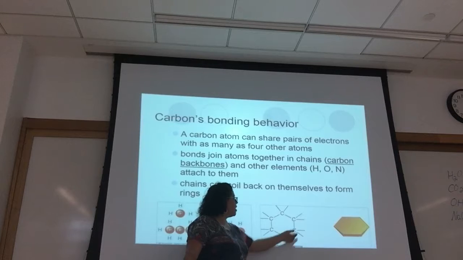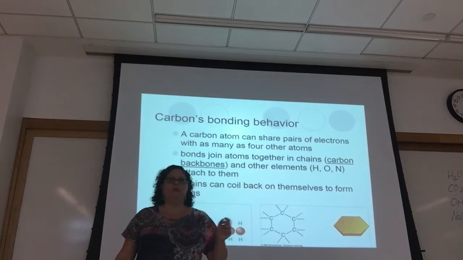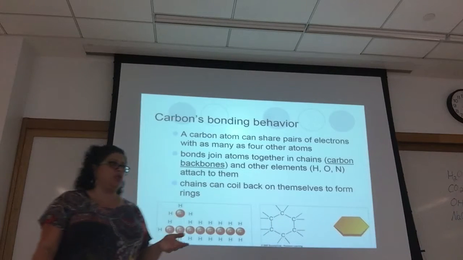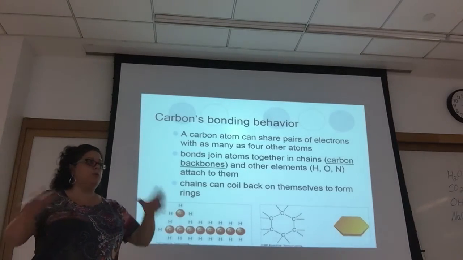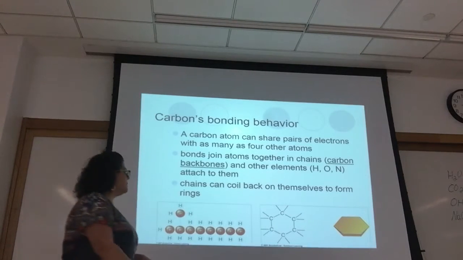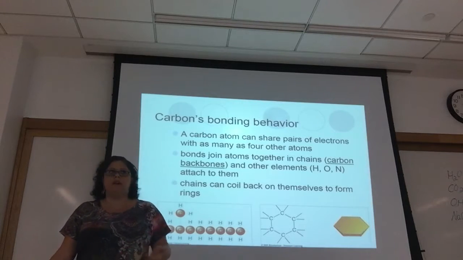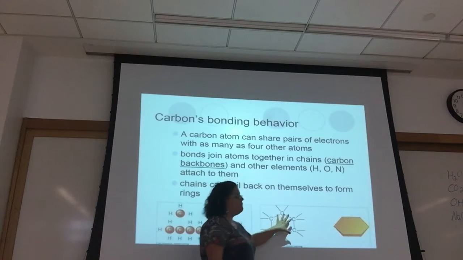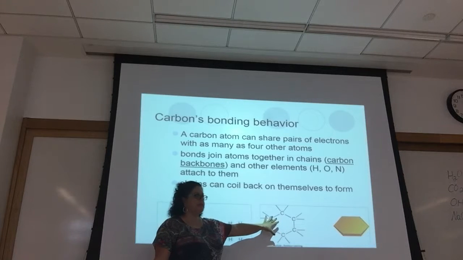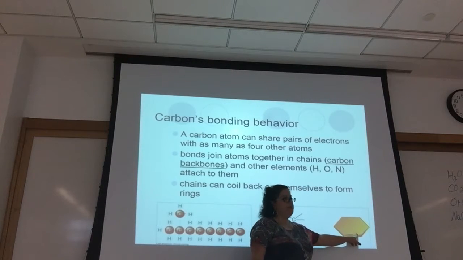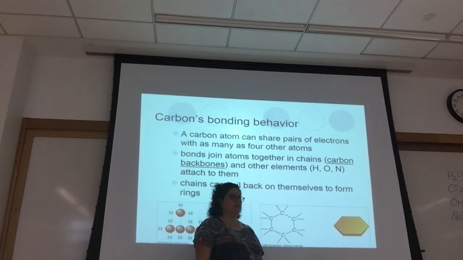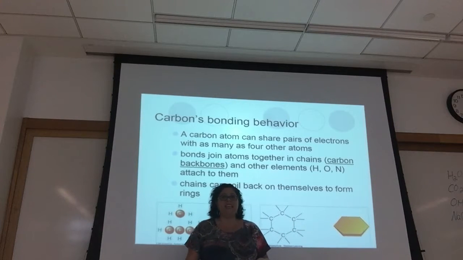This is the primary form that we'll be looking at when we look at a monosaccharide, a simple sugar, like glucose or sucrose. We will be looking at rings. Ribose or deoxyribose, we'll be looking at a ring form of carbon like this. And this is an even more simplified diagram of a carbon ring. They're not showing you any C's or H's.